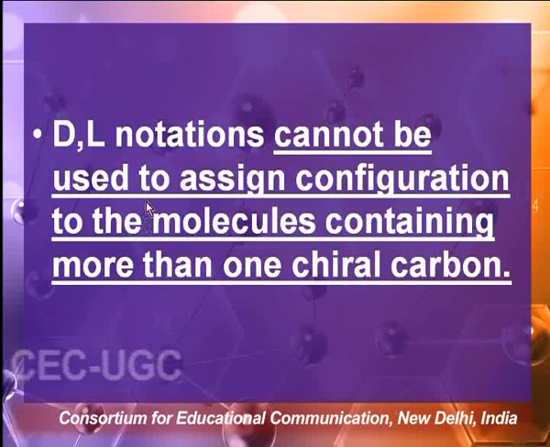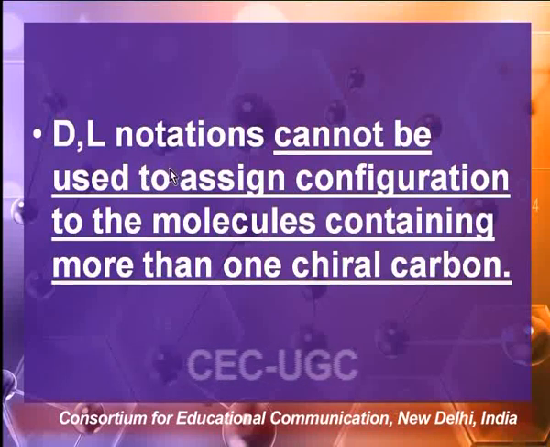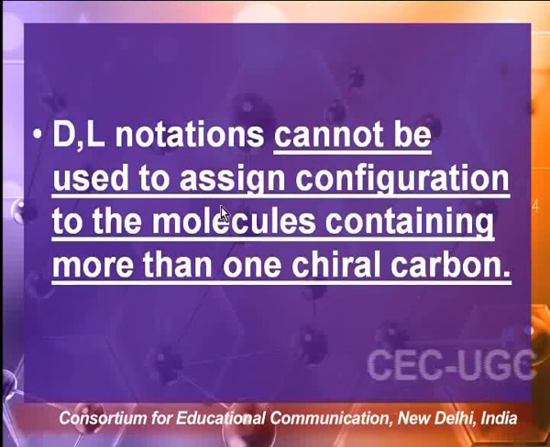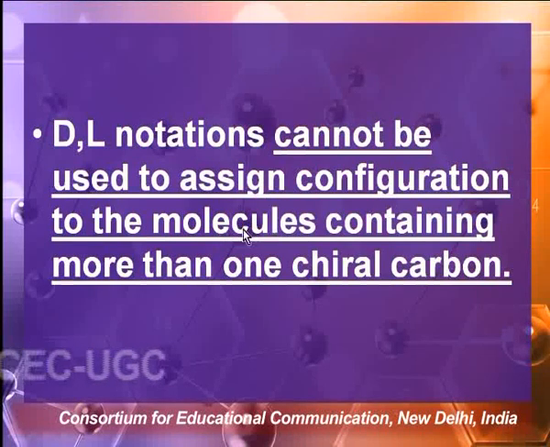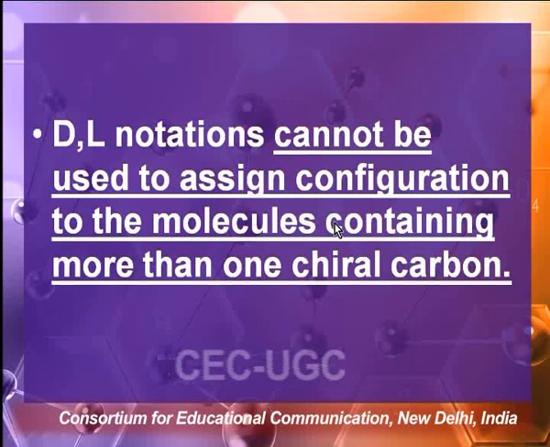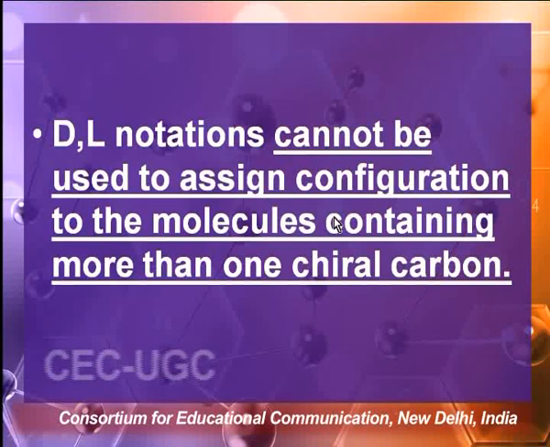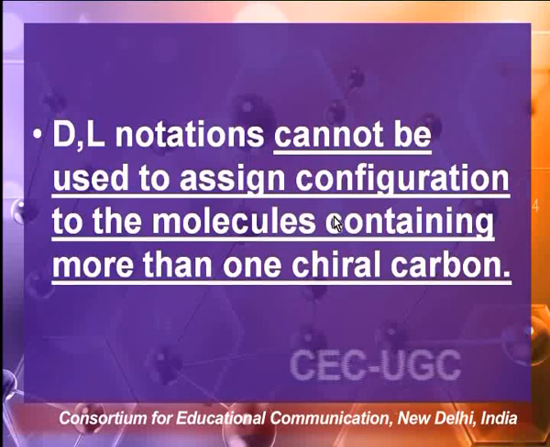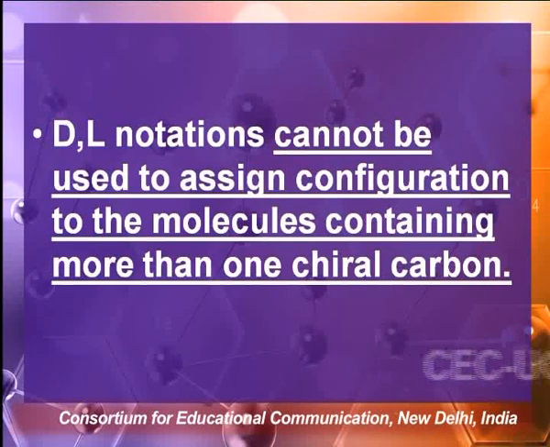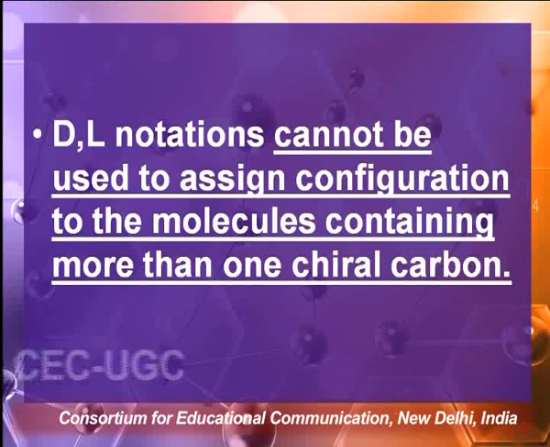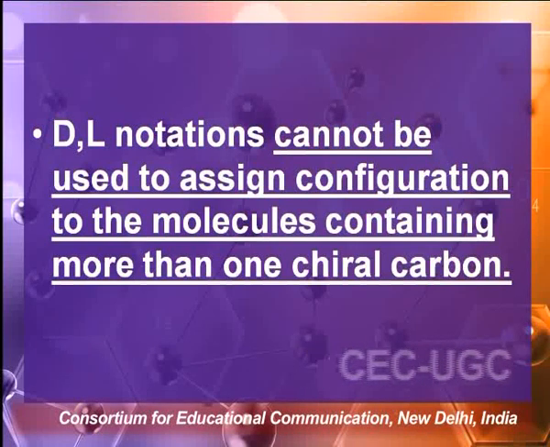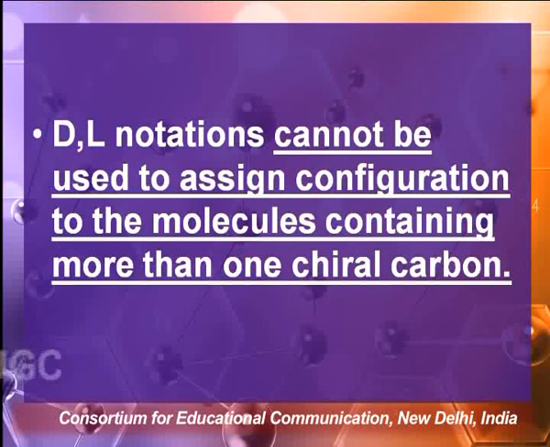Therefore, we also know that we cannot use DL notations to assign configurations to those molecules which are containing more than one chiral carbon. Because if they are containing more than one chiral carbon, we are talking here of the configuration of OH at the highest numbered asymmetric carbon with reference to glyceraldehyde, in which the OH is on the right hand side of the horizontal line.